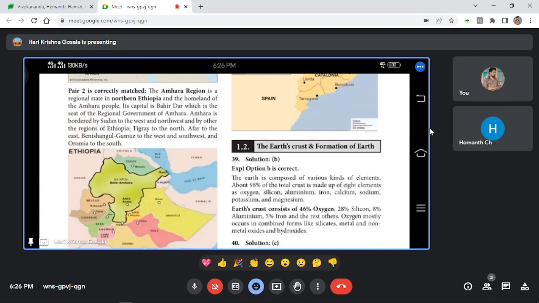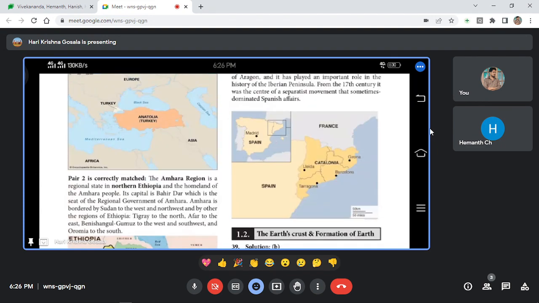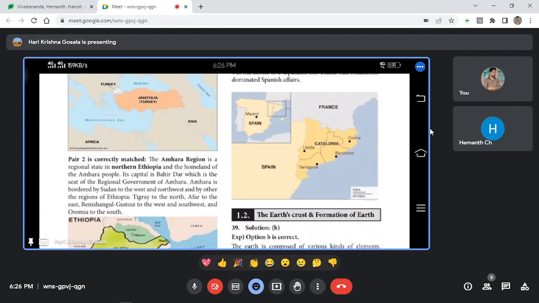Wrong. Okay. It is correct. Depends. Pair 2 is correctly matched.